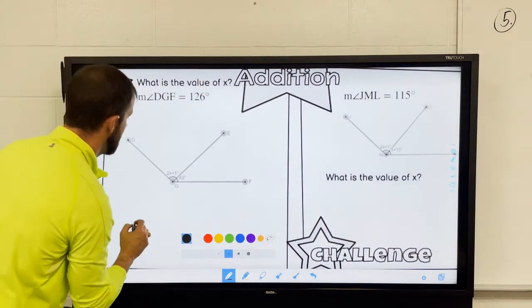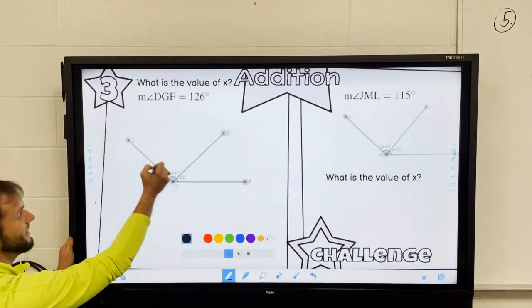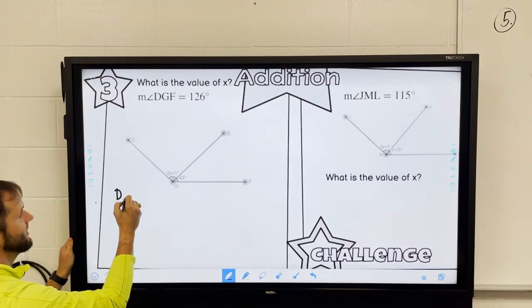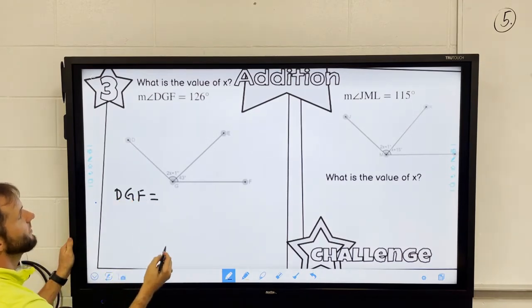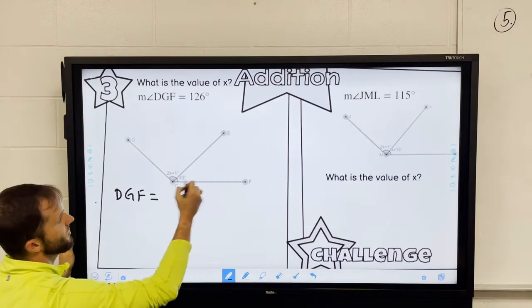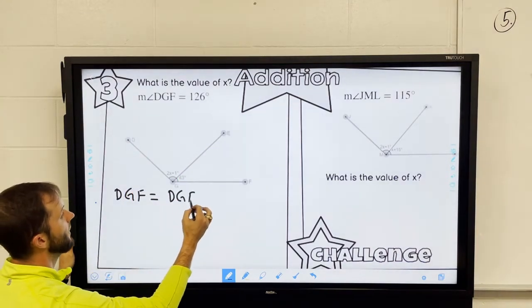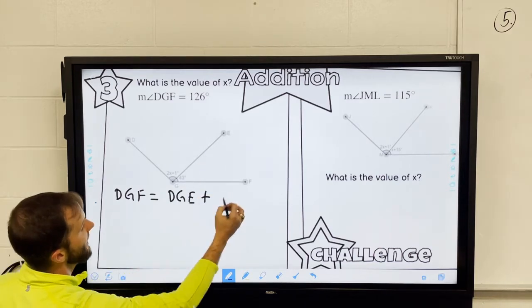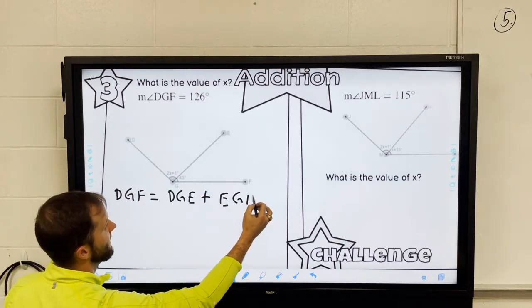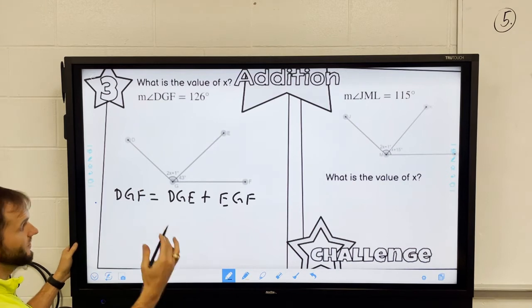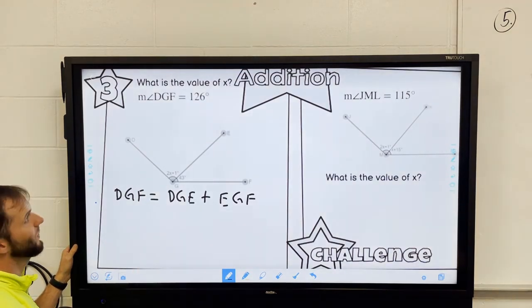So right now, that means the whole angle, which is DGF, so DGF is going to be equal to these two angles put together. So DGE plus EGF. So I can write this in any way. So literally all I have to do is plug in what I know and then solve for what I don't know.